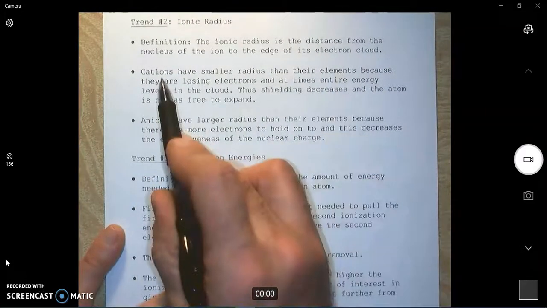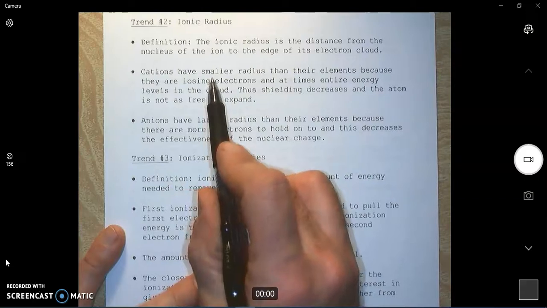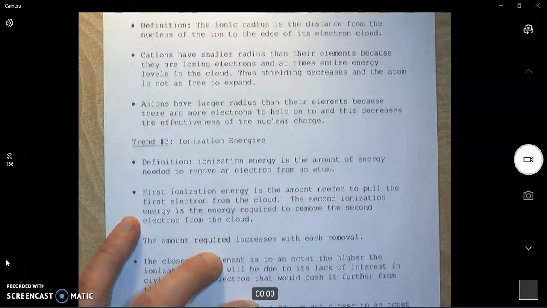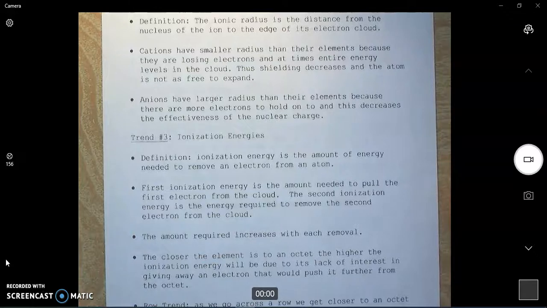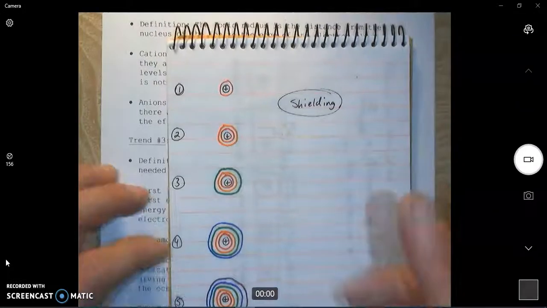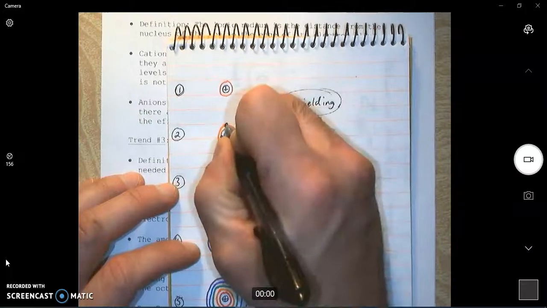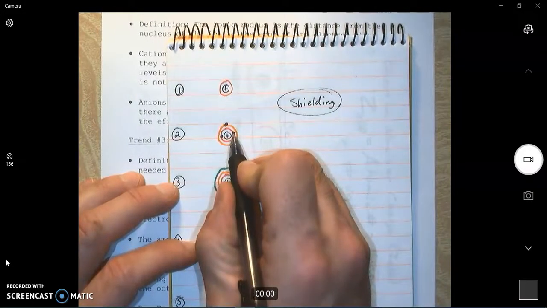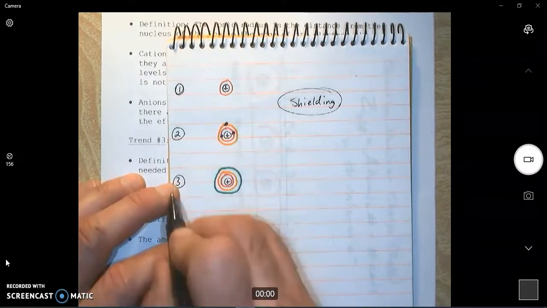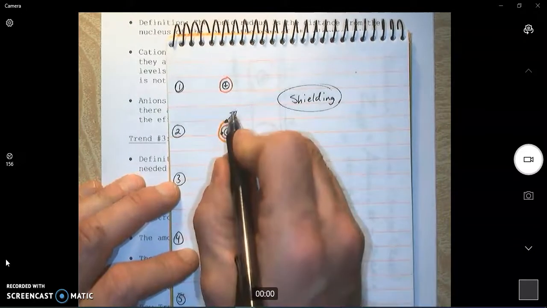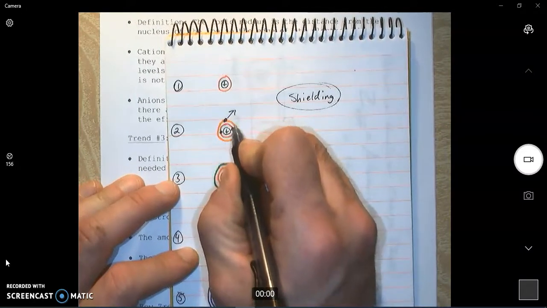So the metal ions are smaller than their atoms because, let's say, an element that is in group 1, row 2. So that would be lithium. Lithium wants to lose this electron. When it loses that electron, it loses that entire energy level.